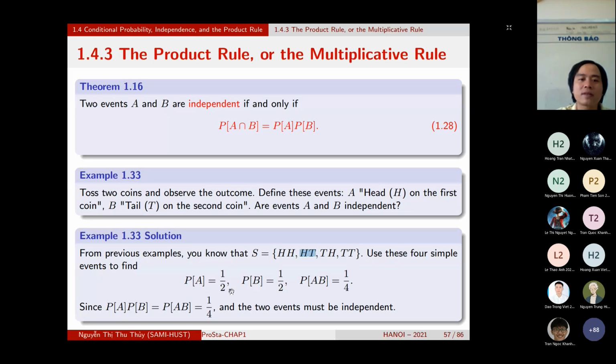Now we take the multiplication of P(A) and P(B), that is 1 over 2 multiplied by 1 over 2, so it is 1 over 4, and it is equal to P(A and B). So we can say that the two events are independent.